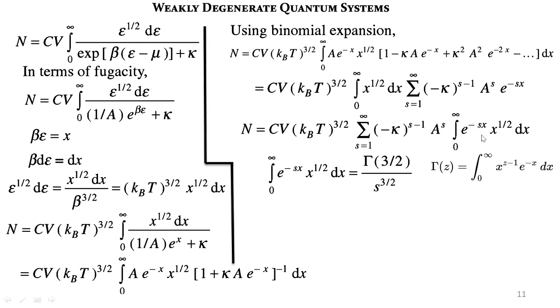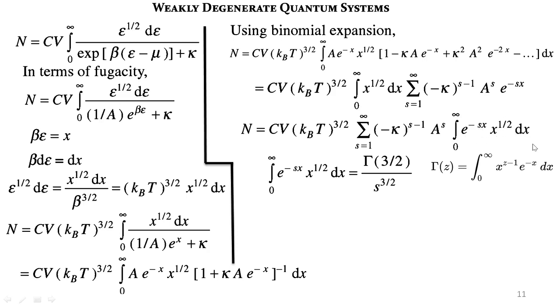So what will this become? This will become e raised to the power minus t. And now here in terms of x, because sx is t, so what is x? X is equal to t divided by s. So x raised to the power half will be t divided by s raised to the power half. And what will be dx accordingly? Dx will be equal to dt divided by s.